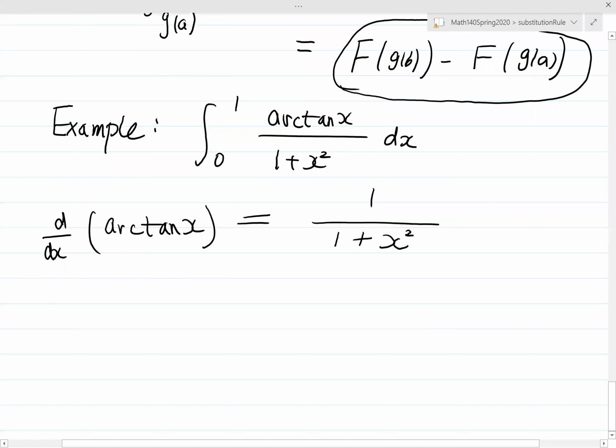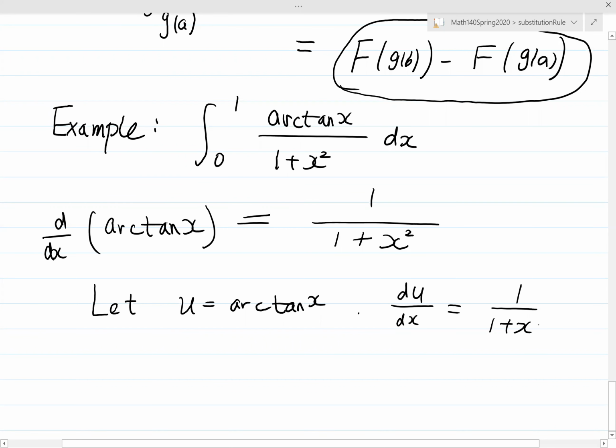So the substitution that we choose is this: let u be arctan x. Then we have du over dx, which is 1 over 1 plus x squared. So du will be du over dx times dx, which is 1 over 1 plus x squared multiplied by dx.